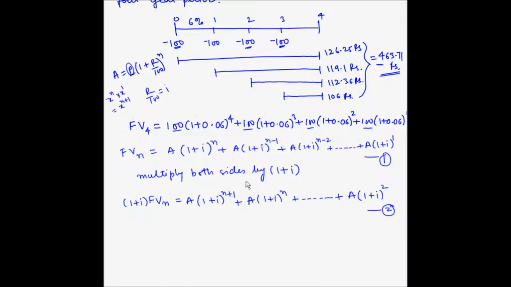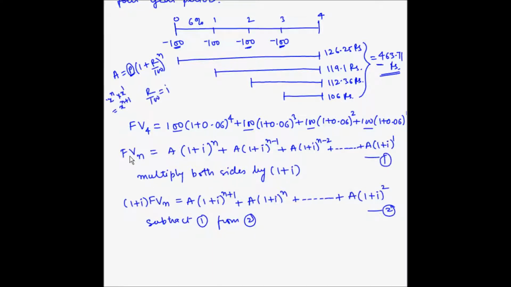Now let's subtract 1 from 2. So all the terms in the first equation will get a negative sign. Minus, minus, minus. So now the left hand side becomes 1 plus I into FVN minus FVN.